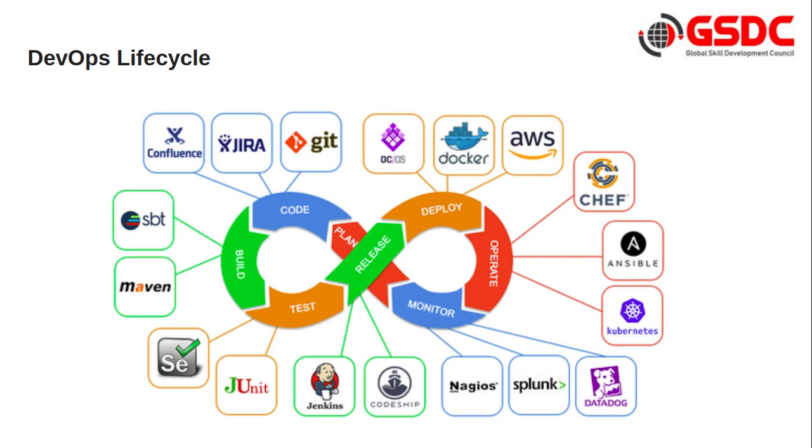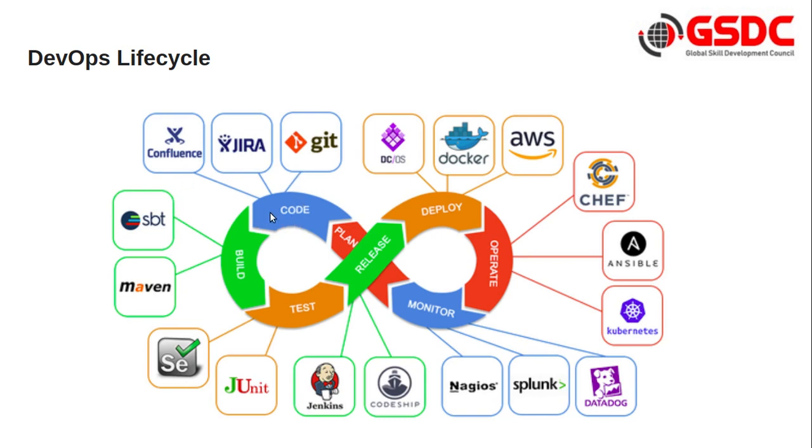Now there are tools used in every step of this life cycle, and we are going to see all these tools as and when required. If you want to name some, at particular stages: for coding we use Confluence, Jira, and Git.